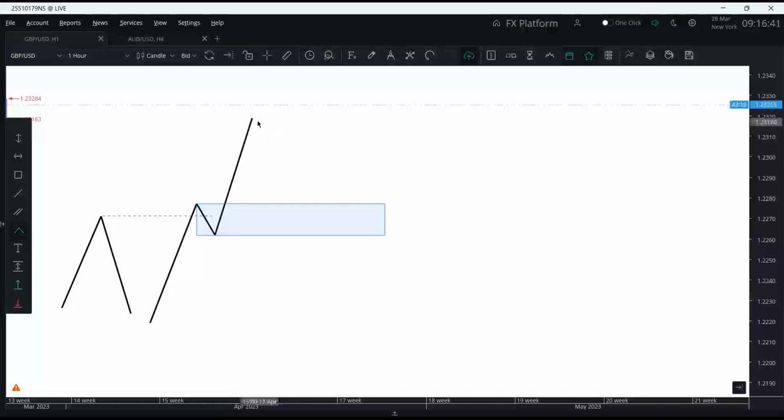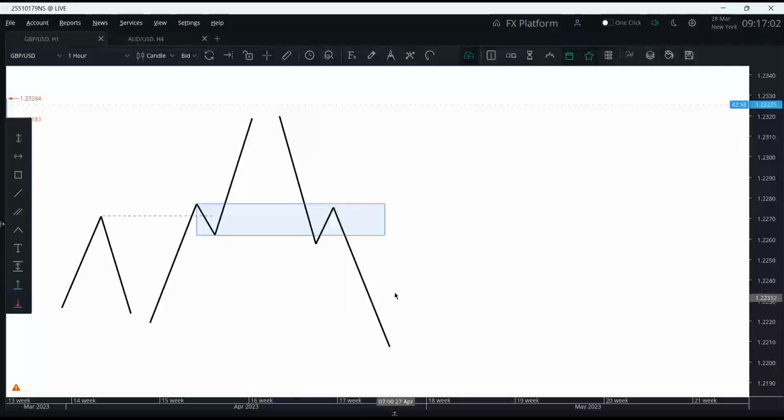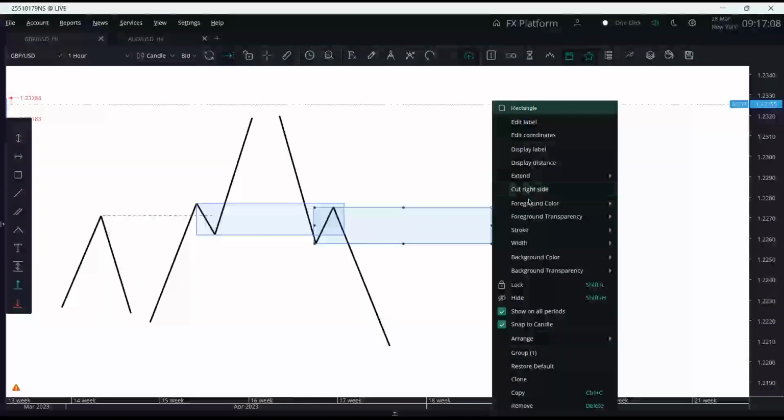For example, the second time when price reaches this FTR, price can engulf. Engulf means eliminating all the orders in this area. When price engulfs this zone, it has a retrace, and after that it starts moving down, and it creates a new FTR for us right here.